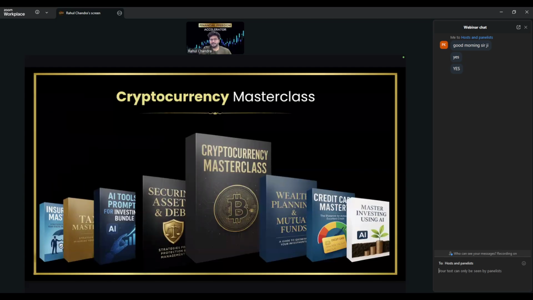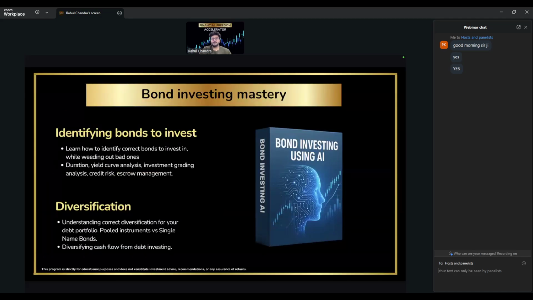We'll have a cryptocurrency masterclass to help us understand how to trade and invest in crypto safely, securely and legally. And last but not the least, we'll have the bond investing masterclass, which is going to help everybody who wants a recurring and predictable cash flow from their investment portfolio.